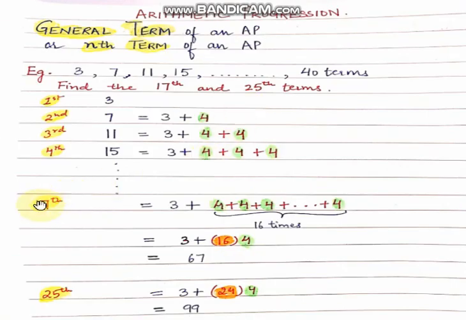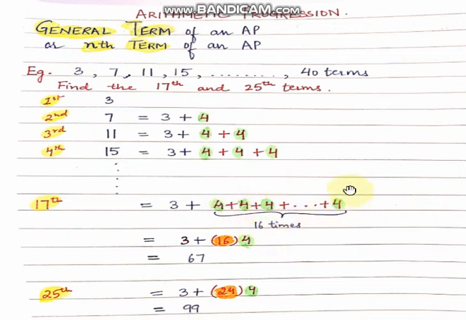Now I will simply talk about the 17th term, which I don't know right now. But this point is clear to my mind: the first term, and in addition to that, 16 jumps I need to take, where the jump size is 4. So I've written 4 plus 4 plus 4, 16 times.